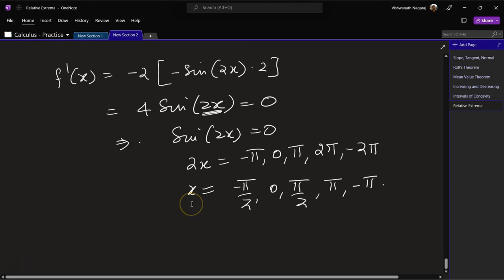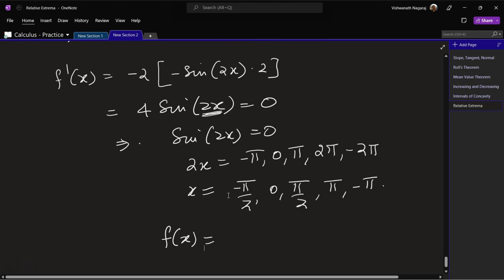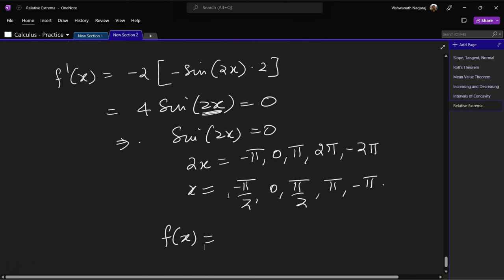Okay. So now let's look at the second derivative, or let's figure out the f of x of these values. So f of x of minus pi by 2 would be what? Cos 2x.